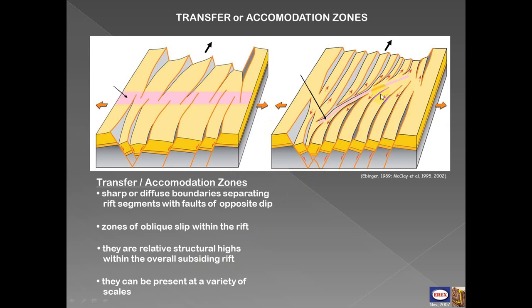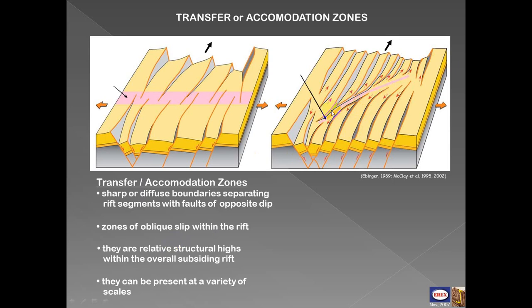Usually this zone is characterized by oblique slip movements because it accommodates movement from this segment to this segment. So we have oblique, normal with extension, normal with extension. So extension may be towards this and towards this part, and we have oblique movement like this. Okay.